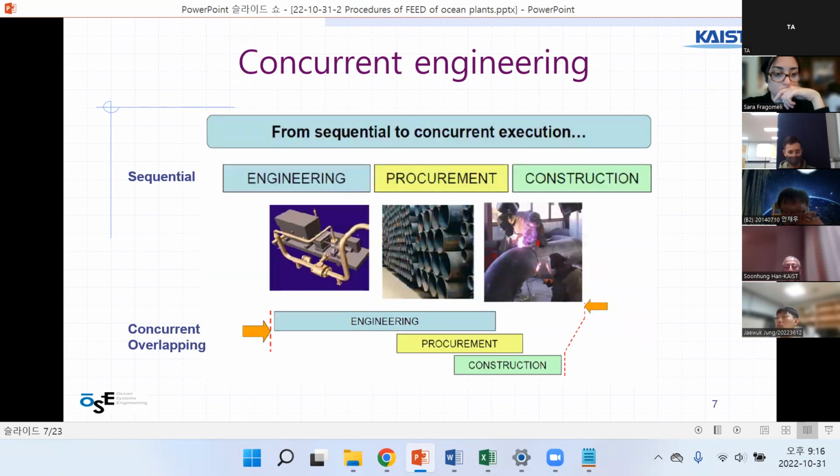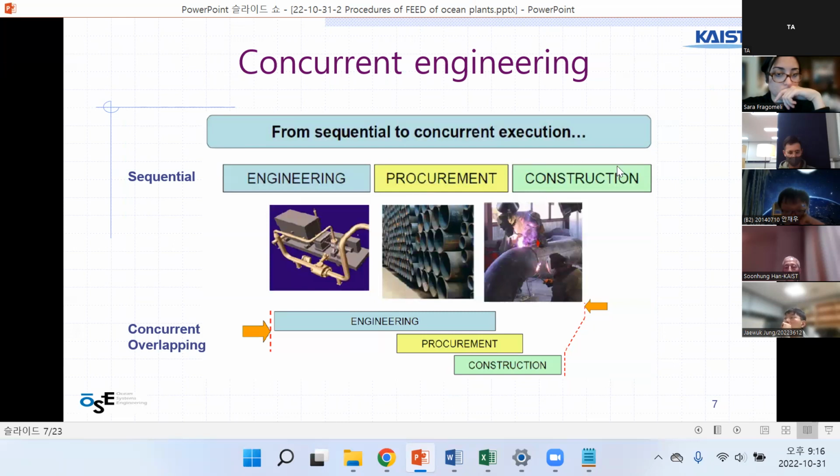And what is concurrent engineering? In the old days, we did work in a sequential way. Engineering means the designing. After designing finished, we started to buy or procure the equipment, millions of them.